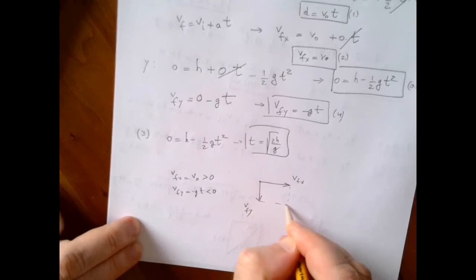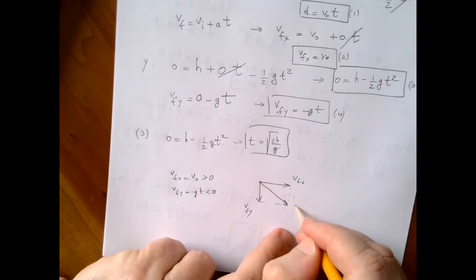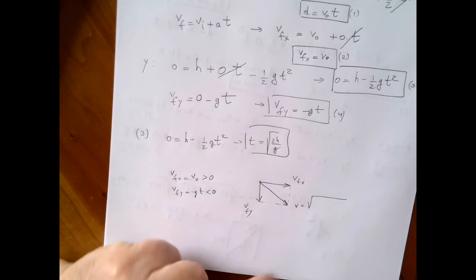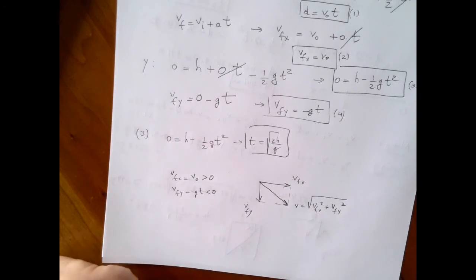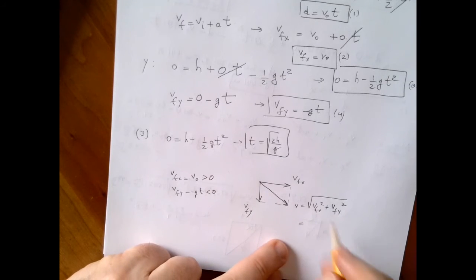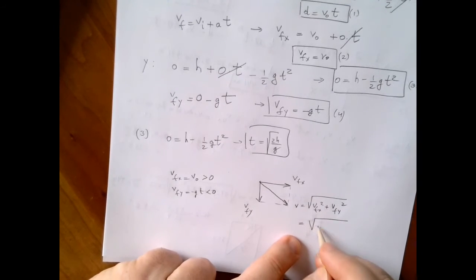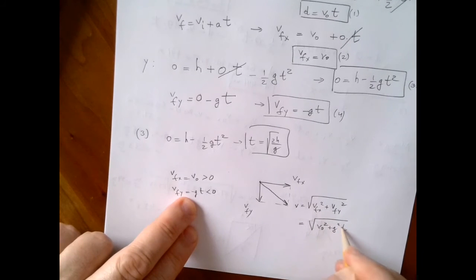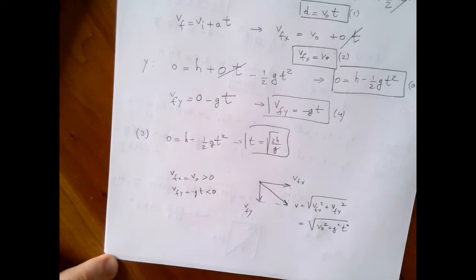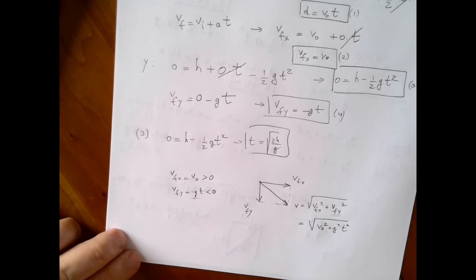When we add these two vectors, we have V is square root of Vfx squared plus Vfy squared, or equal to square root of V0 squared plus g squared t squared, in which I use the fact that Vfy is equal to negative gt.